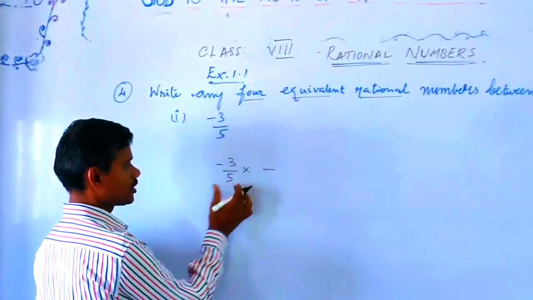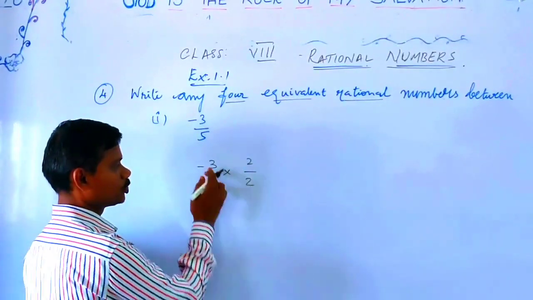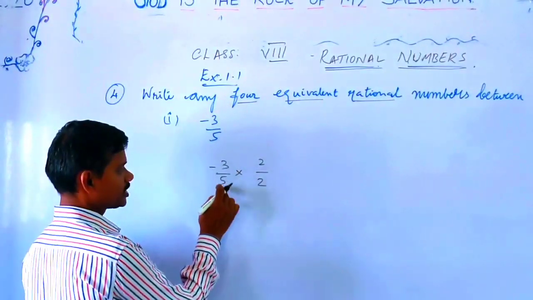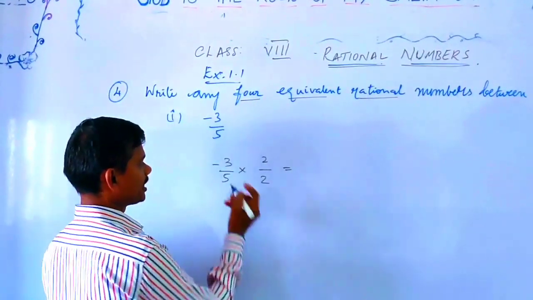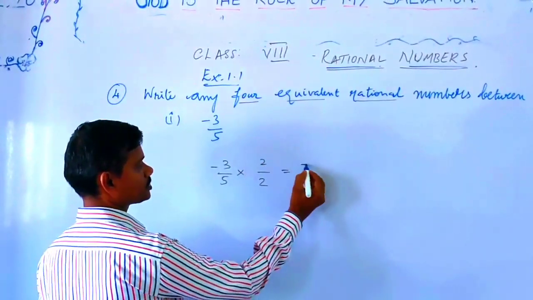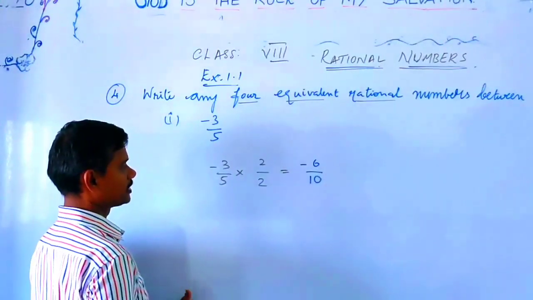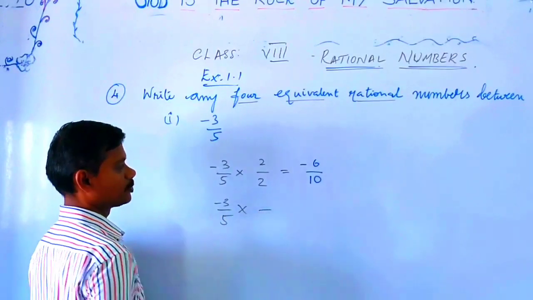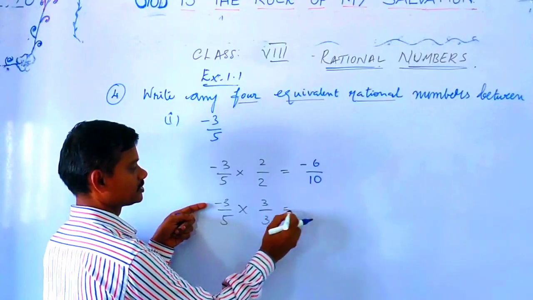For this, I am going to multiply the given rational number, both numerator and denominator, by the same number. Minus 3 by 5 into minus 2 by 2, which gives minus 3 into plus 2, gives minus 6, by 5 2s are 10. Like that, take the same number minus 3 by 5 and multiply both the numerator and the denominator by 3.